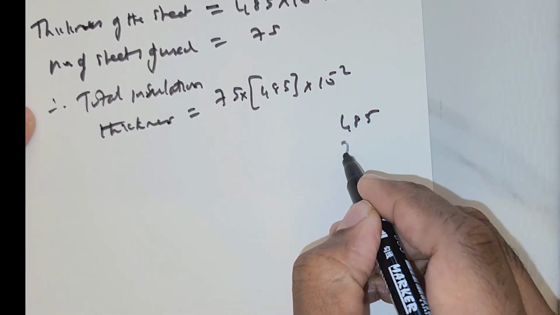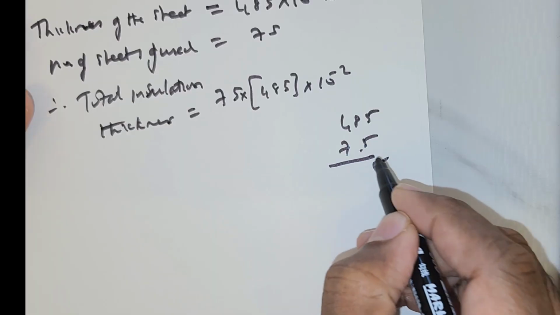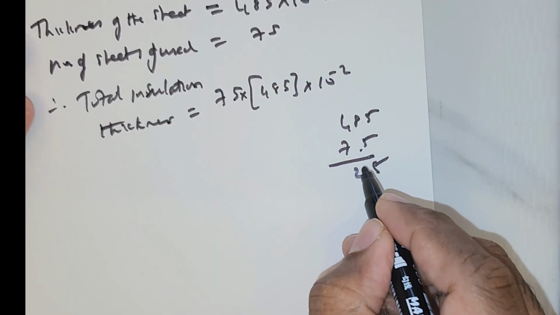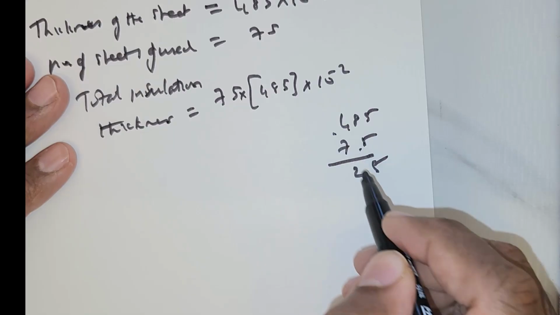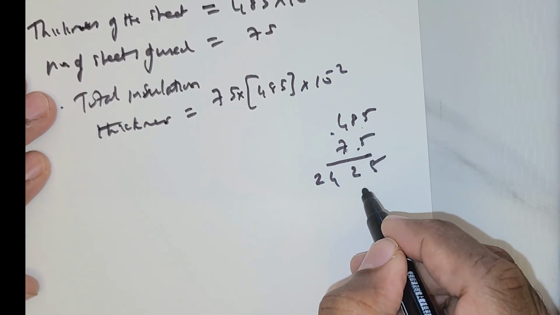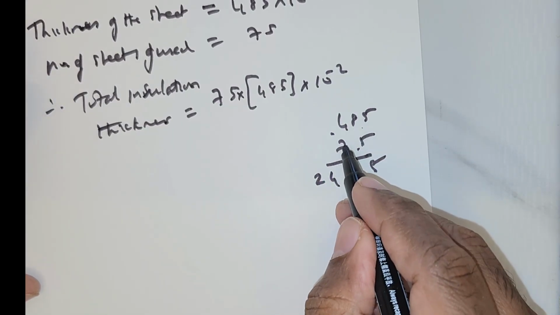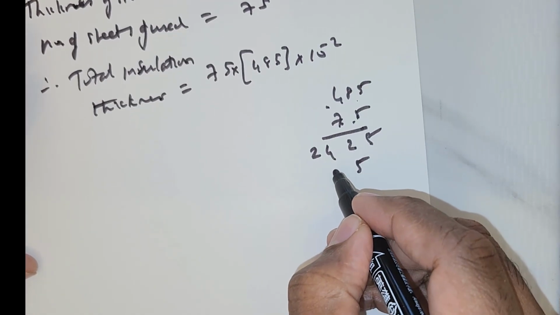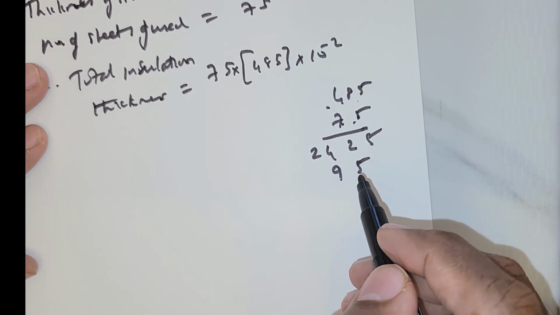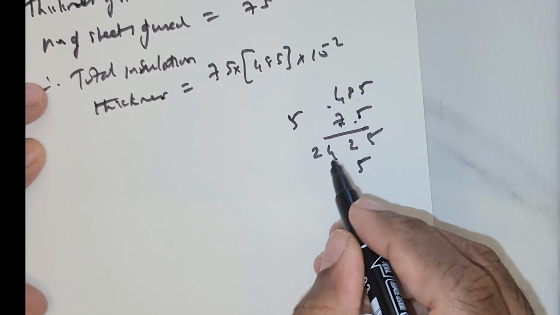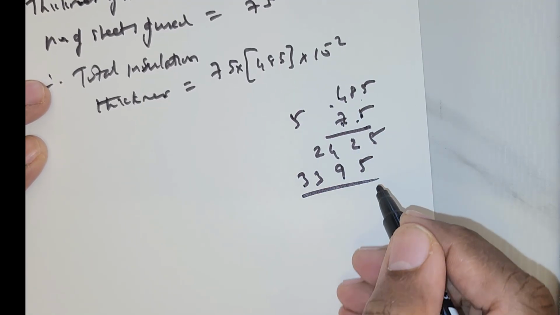So 485 multiplied with 75: 5 fives are 25, 2, 5 fours are 20, 22... 7 fives are 35, 3, 56 and 3, 9, 59 and 5, 28 and 33.